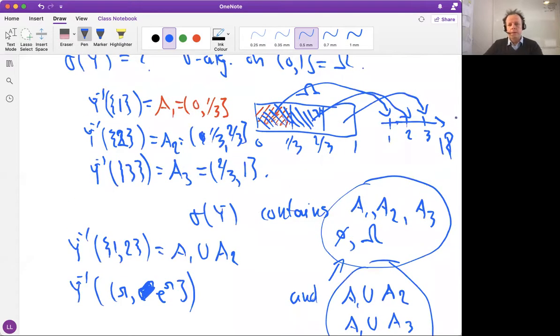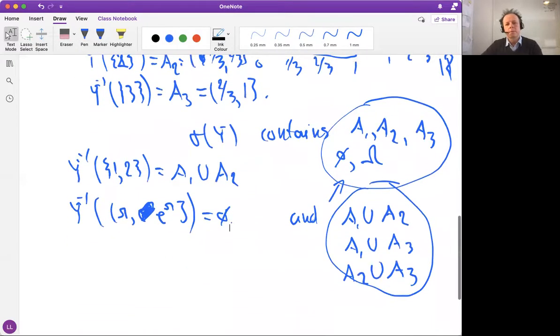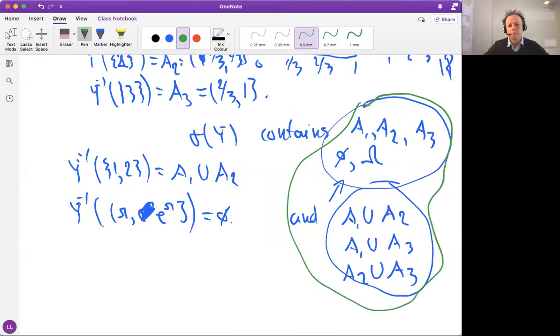Pi is bigger than 3, so we are looking at an interval where there's nothing Y could map to, so the pre-image of this is empty. So the empty set is already there. So we are actually looking at this type of collection. We have 8 sets: empty, omega, A1, A2, A3, and then the combinations A1 A2, A1 A3, and A2 A3. This is actually the sigma algebra.